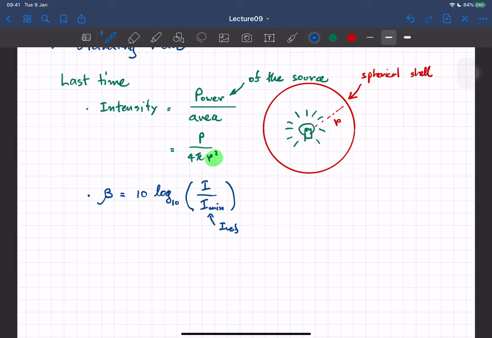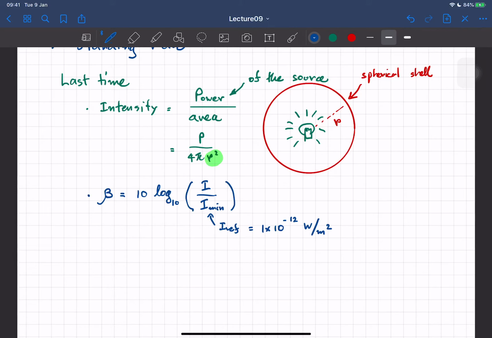But it's just a fixed intensity that we can use because what we are doing here is comparing the intensity that we want to measure, our intensity I here, to some kind of reference. Okay, so that's what we are doing here. So in this case, for I reference, we're going to use 1 times 10 to the minus 12 watts per meter squared. And this is kind of the lowest intensity that people can hear.